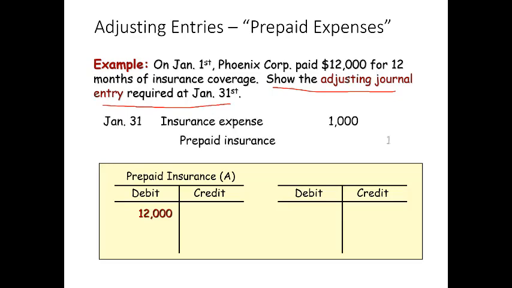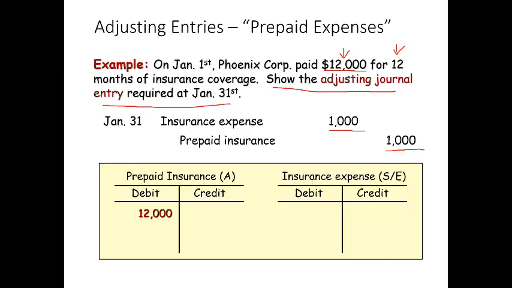So we can record $1,000, which is equivalent to one month's worth of this $12,000 prepaid insurance policy. So $12,000 divided by 12 months will give us $1,000, one month of insurance coverage. We'll record the expense for that one month using one month of that prepaid insurance, and we'll reduce our prepaid insurance by one month's worth of value.